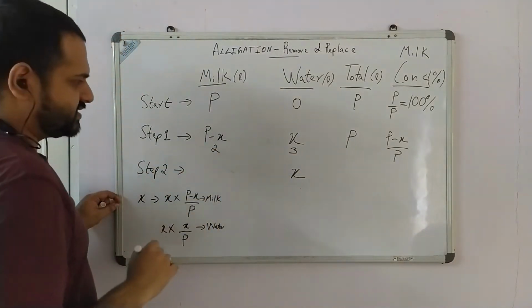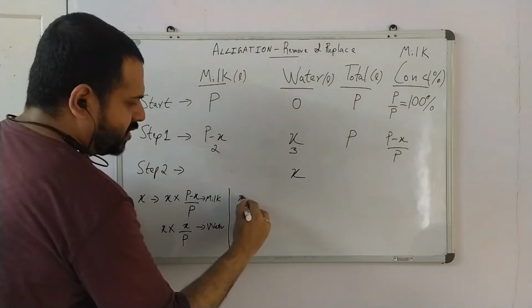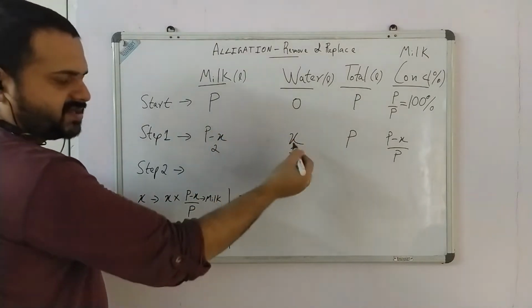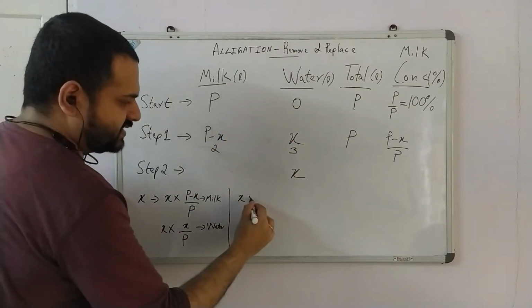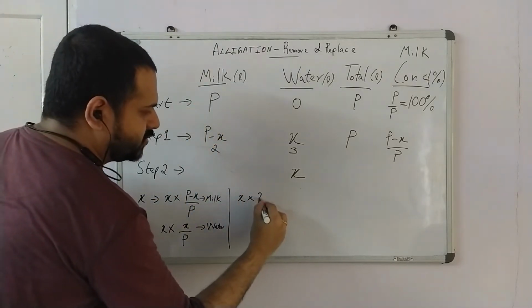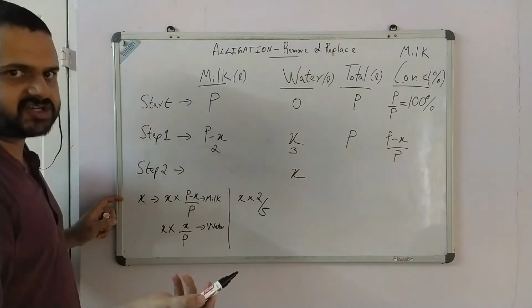This is just an example. Let's assume that. So what am I saying? If I take out X liters of this mixture in which milk and water are in the ratio 2:3, I am saying that the amount of milk which comes out in that X liters is equal to X into 2 by 5. This is a basic concept of ratio, right?